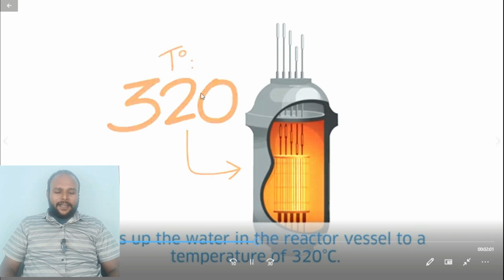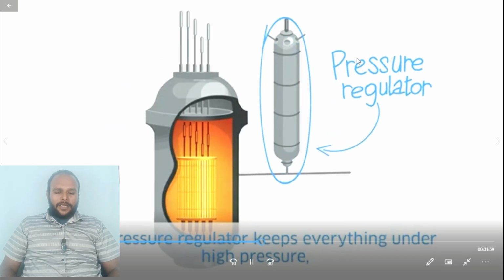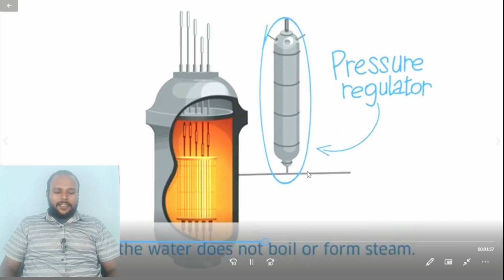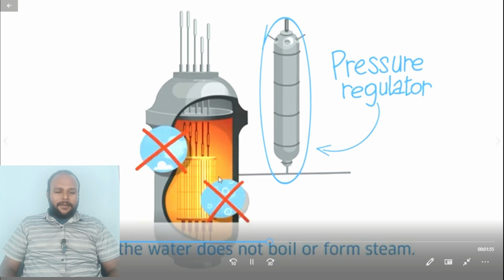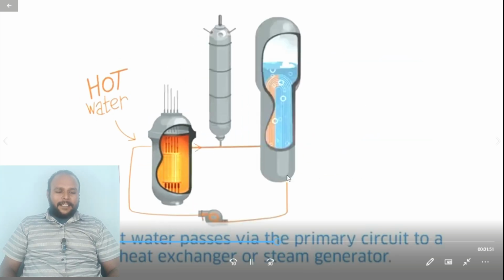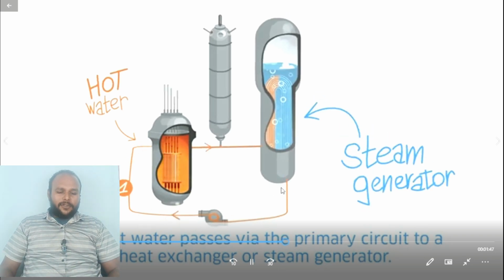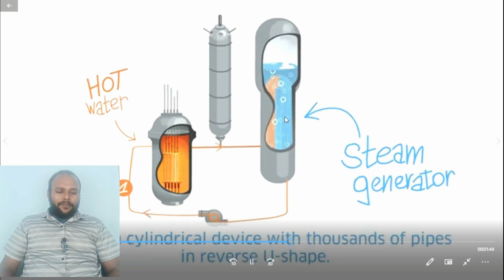It generates the steam. The hot water travels like this, and the steam generator sends the steam to the turbine. So this is the turbine.